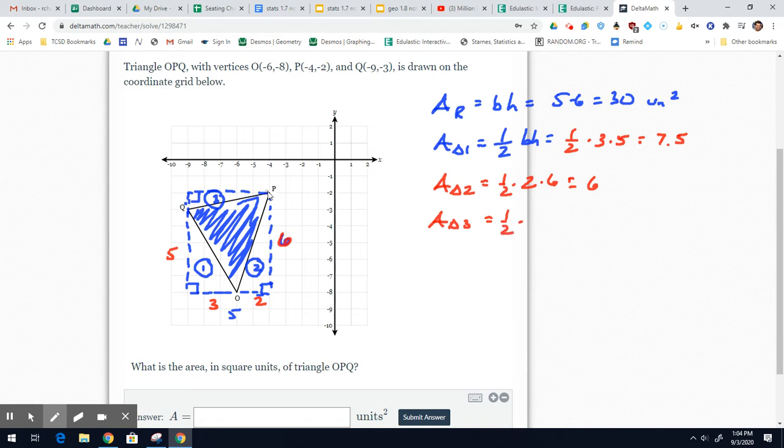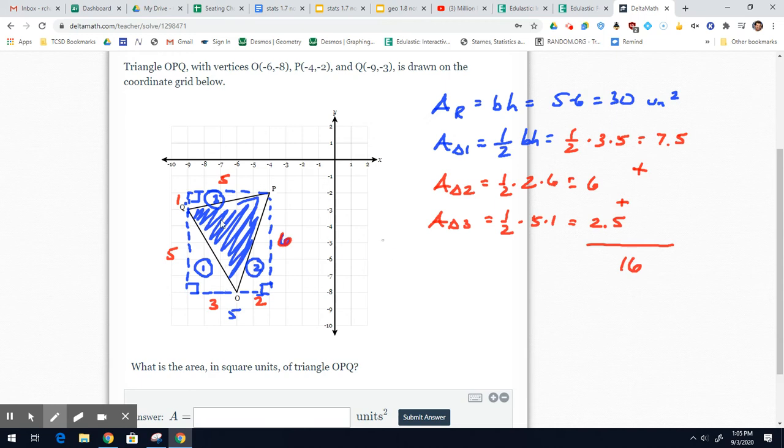Let's call this top side the base. 1, 2, 3, 4, 5. Let's call this the height, and that's a height of 1. So half of 5 times 1, that'd be half of 5, which is 2.5. If we add up these three red regions, which we're going to end up subtracting away, 7.5 and 2.5 is 10, plus 6 is 16.